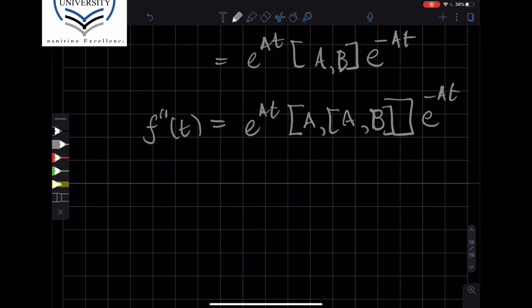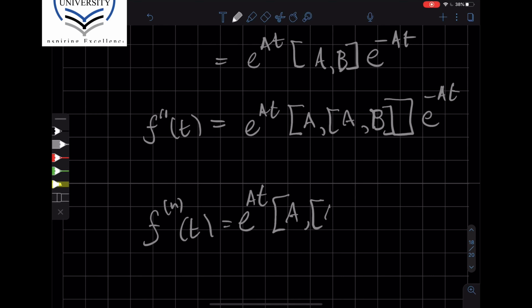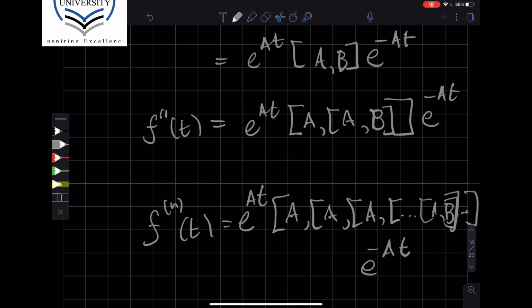We can keep on doing this. If we take the nth derivative, we get a factor of e to the power at, then n nested commutators of a with b, and e to the power minus at.